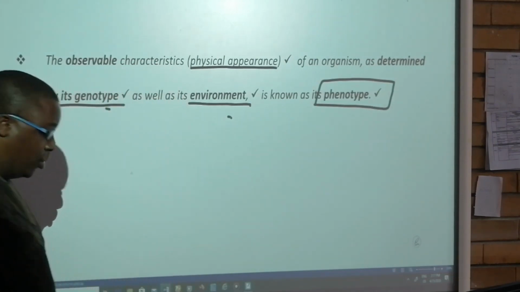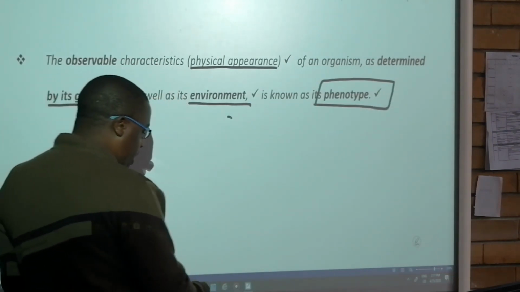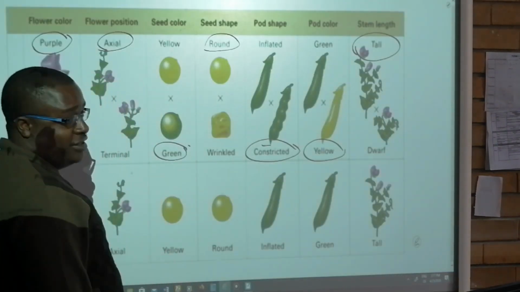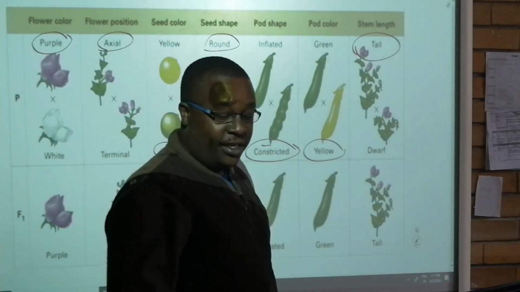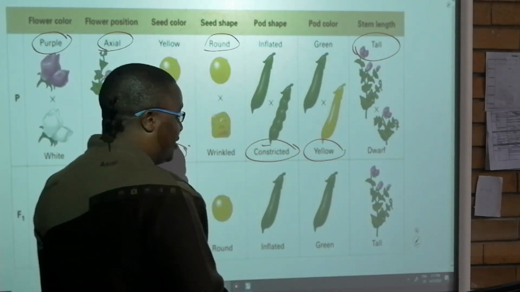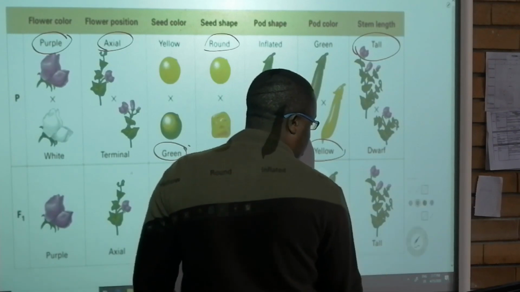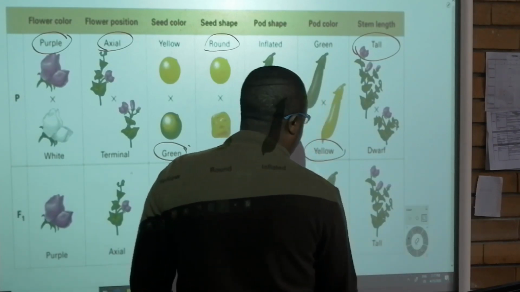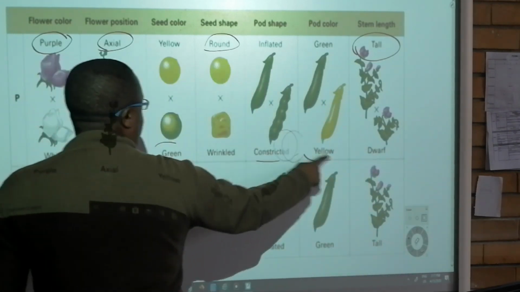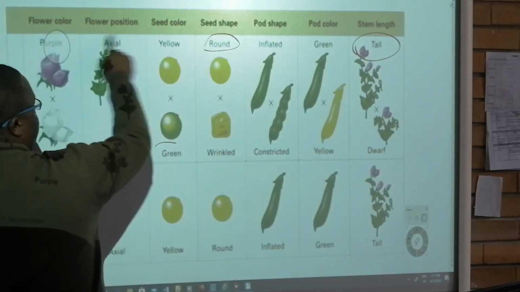Before I go, let's look at Mendel. Now you see why we had to talk about Mendel the other time, because we keep coming back to this part. Let's go back to Mendel.